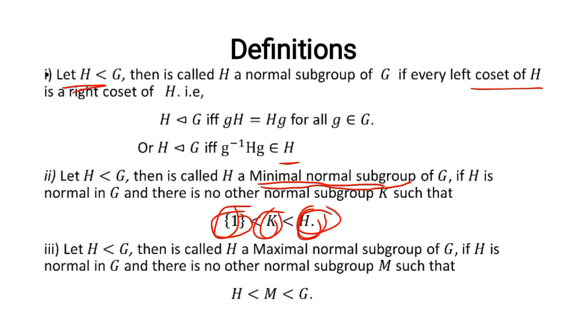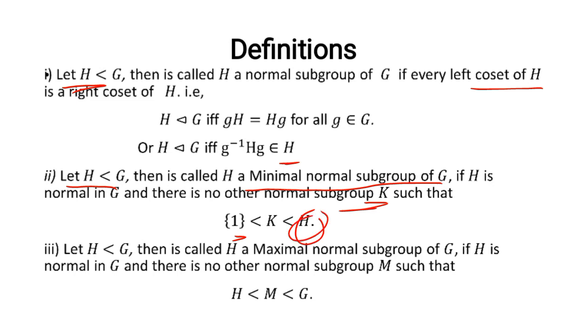Let's take it again. Now let's take the definition properly, okay? Now we know it's just basically comparing with the last one. So if you have a subgroup H, okay, H is said to be a minimal normal subgroup of G if H is normal in G and there is no other subgroup K, you can't find it, so that it stands between 1 and H itself.